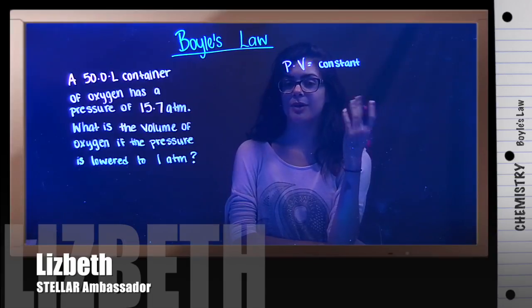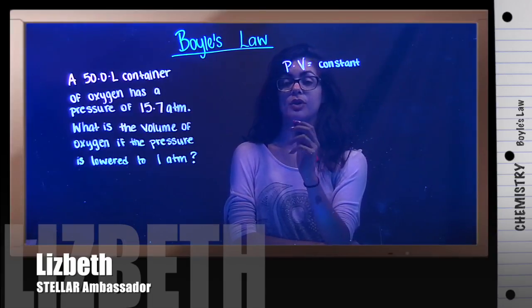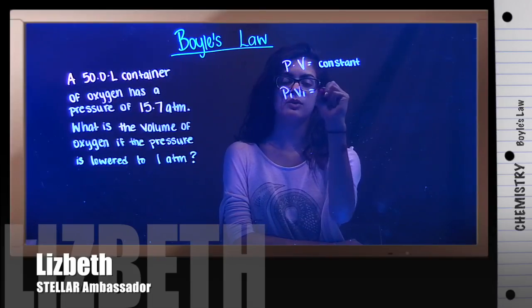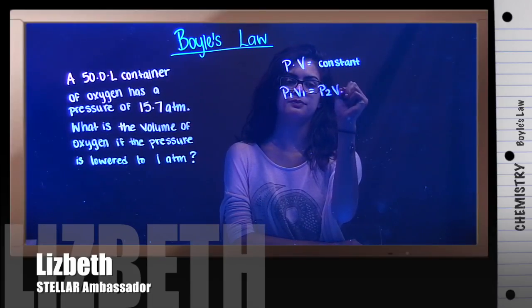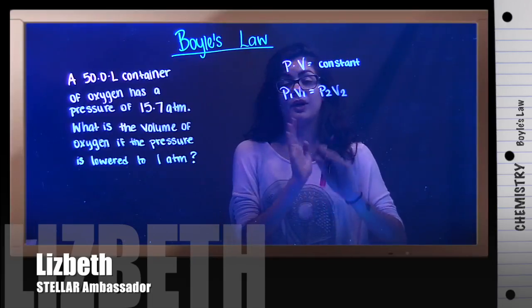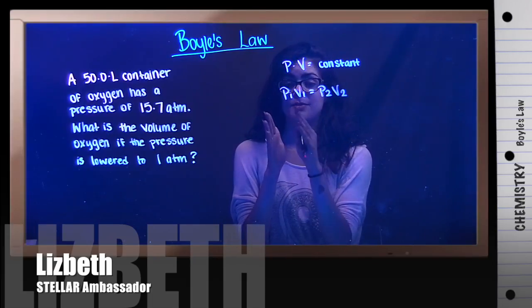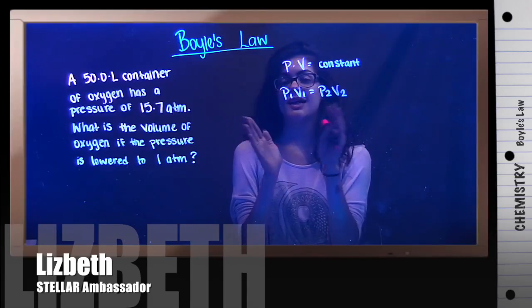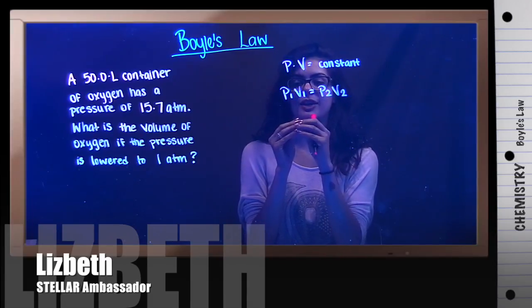But the more important part is the equation that we can get from Boyle's Law, which is P1V1 equals P2V2. In the book, it also says P final, V final is equal to P initial, V initial, but as long as you keep the conditions together, it should be fine.